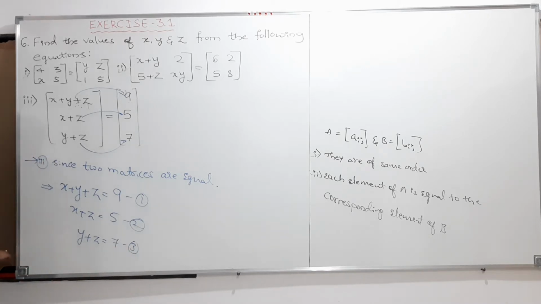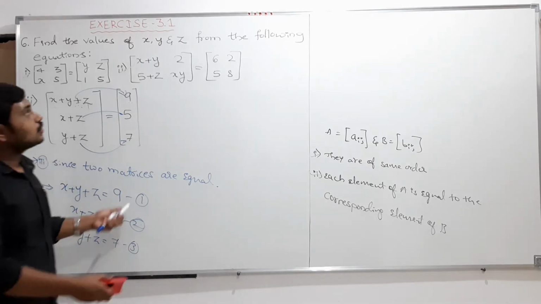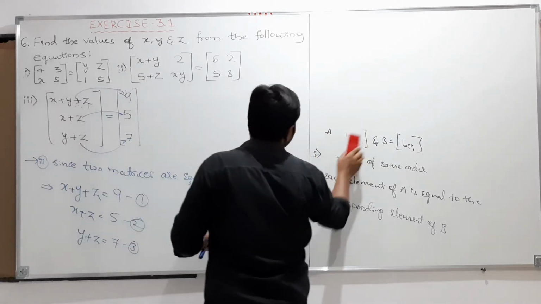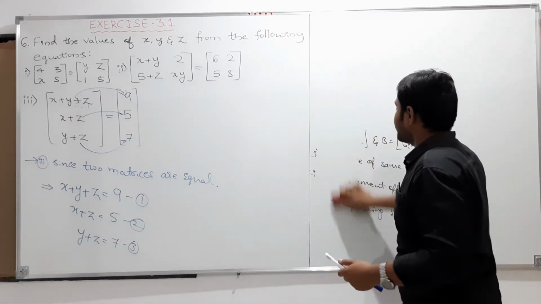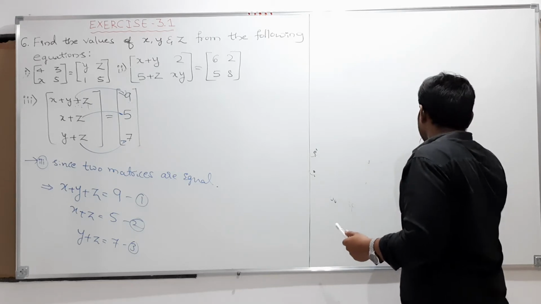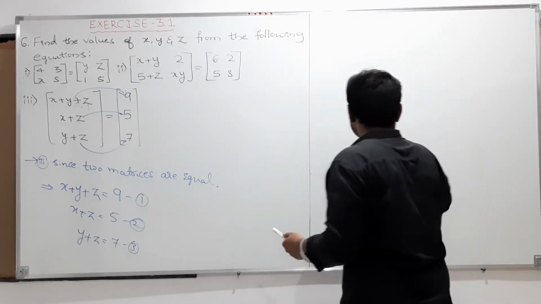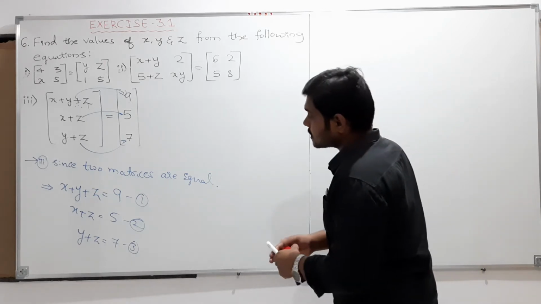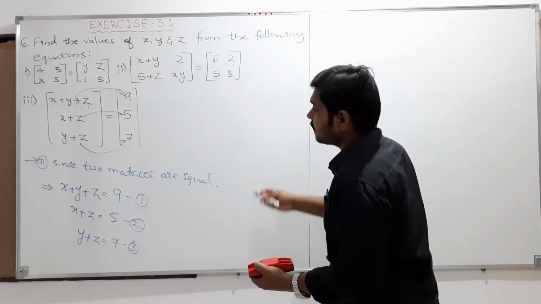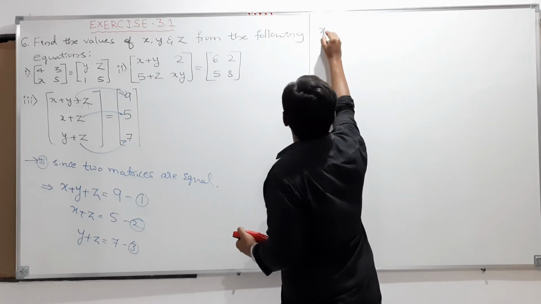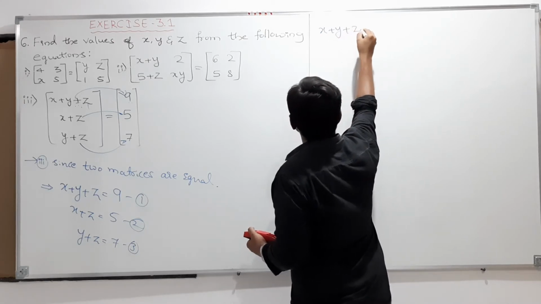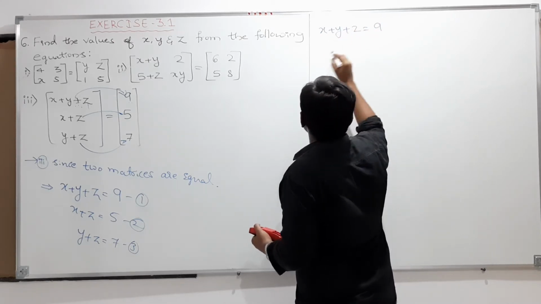So now, my dear students, by using these three we should find the values of x, y, z. Here I use the first condition. What is that first condition? x plus y plus z is equal to 9.